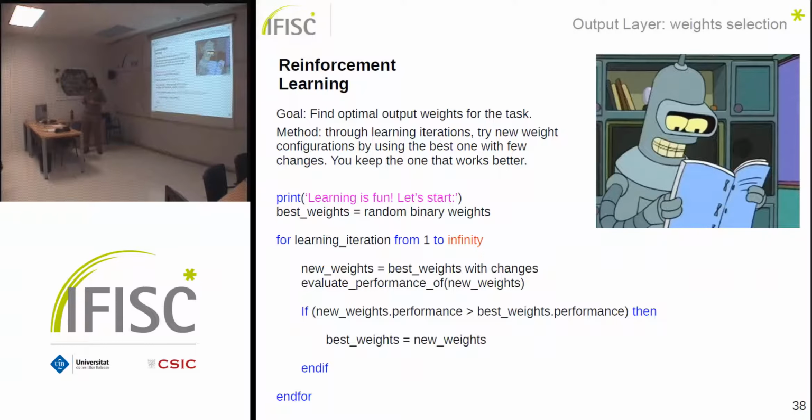What we do, in an iterative process, is try new configurations of output weights. If the new configuration works better, we keep it. If it works worse than the best that we have found until now, we discard it and try something else. So this approach should allow the system to eventually find configurations that are better than a random one.